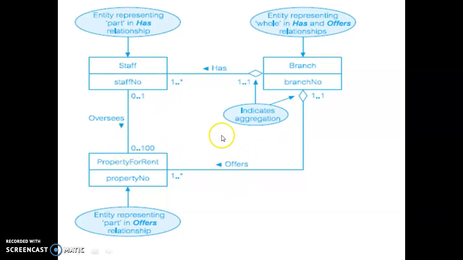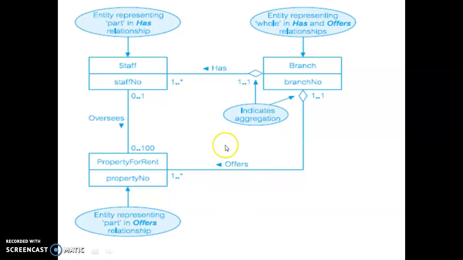In both relationships, the branch entity represents the whole. That is, the staff entity is part of branch, and property for rent is also a part of branch. That is why here branch is the whole entity. Therefore, the open diamond shape is placed beside this entity to indicate aggregation.